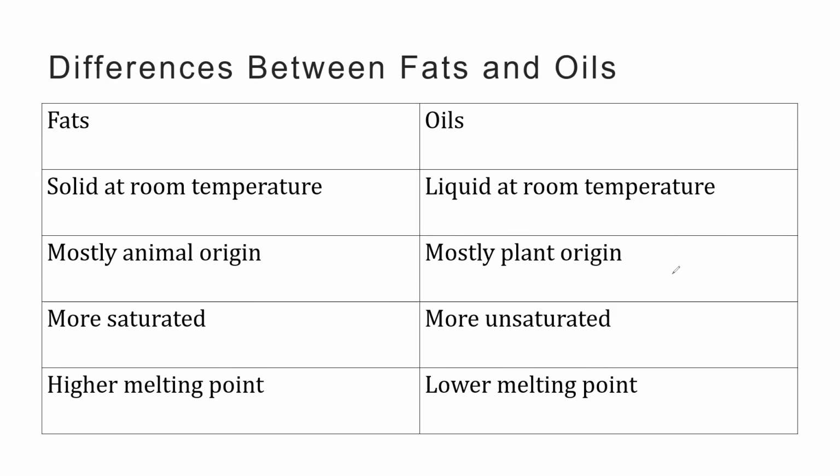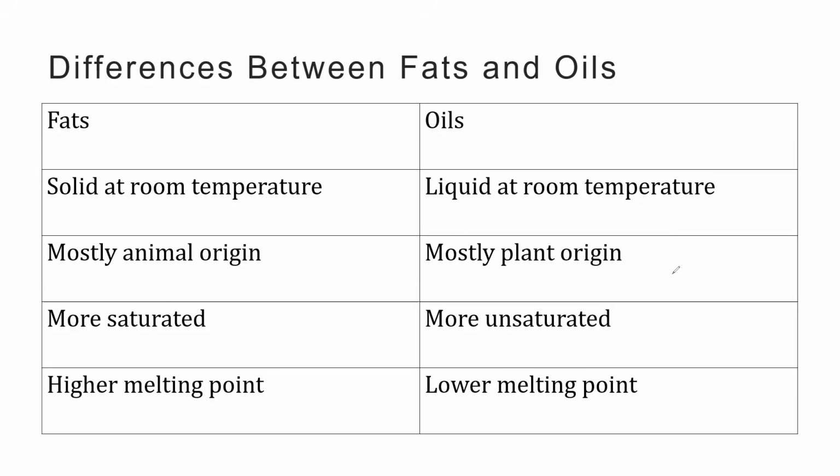Then there are some oils that, with just a slight adjustment in temperature, will solidify. Those ones have multiple bonds, but their multiple bonds are not so many, all right? They have moderate multiple bonds, and that is why at some temperature a little bit lower than room temperature, they begin to solidify.